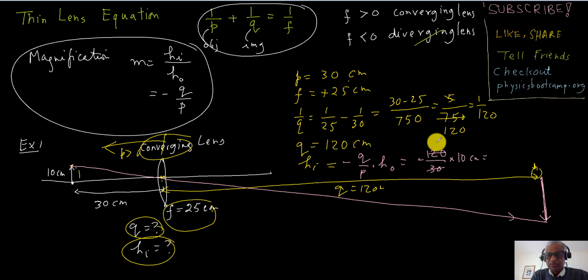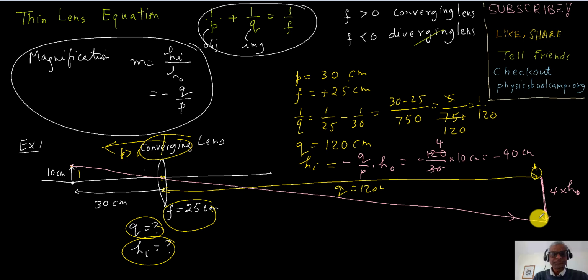So it's minus 40 centimeters, 4 times ho. It's going to be 4 times larger, quite magnified.